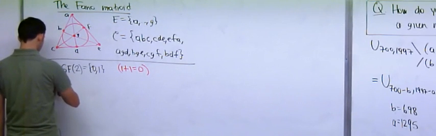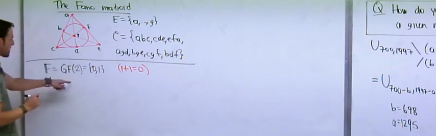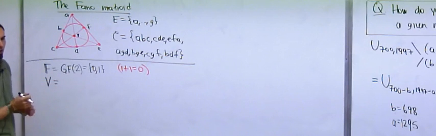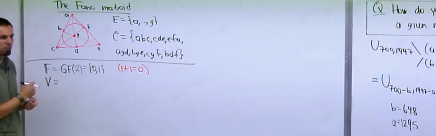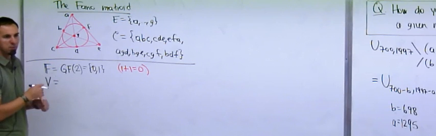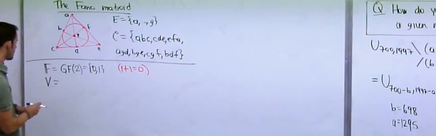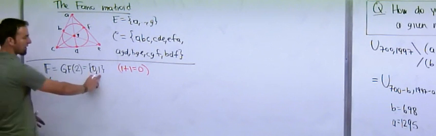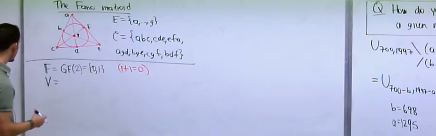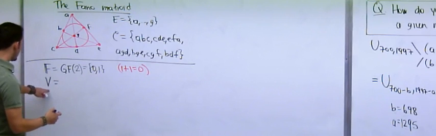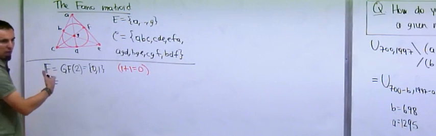My vector space. Now the point is this is a field. And I think all of you have seen field theory to some extent? I mean, you have to check the axioms of a field. This is the multiplicative unit and so on. The vector space is just going to be F cubed.